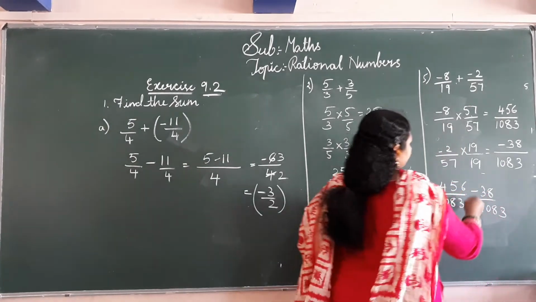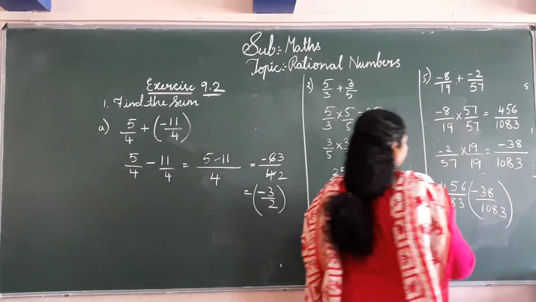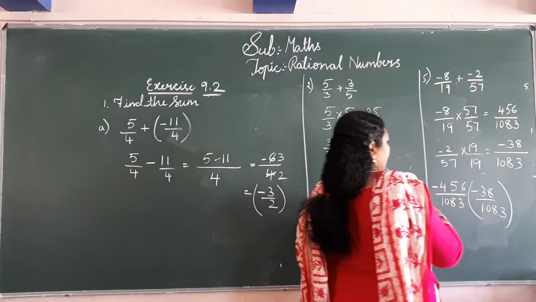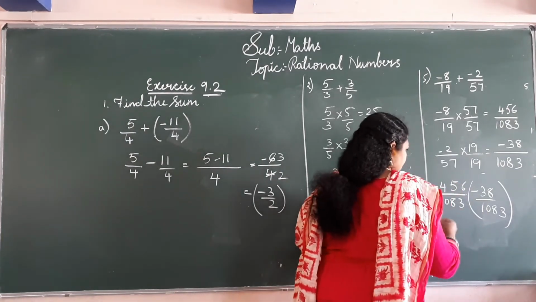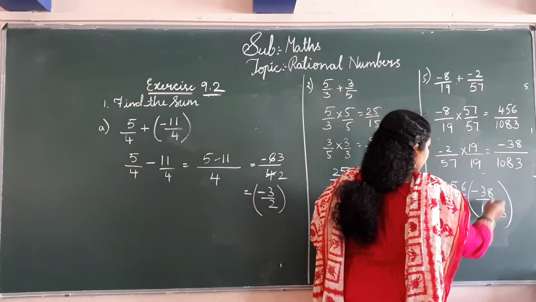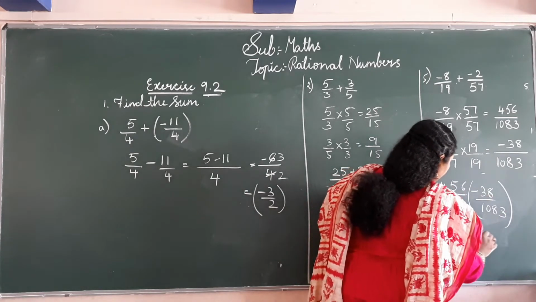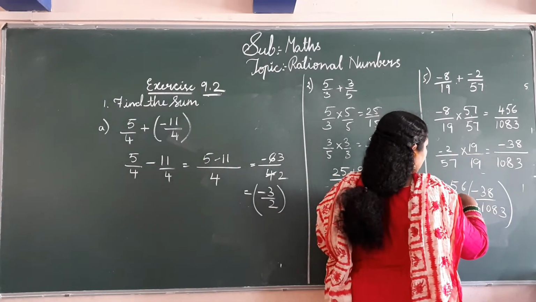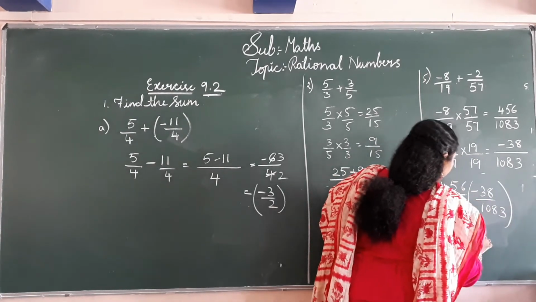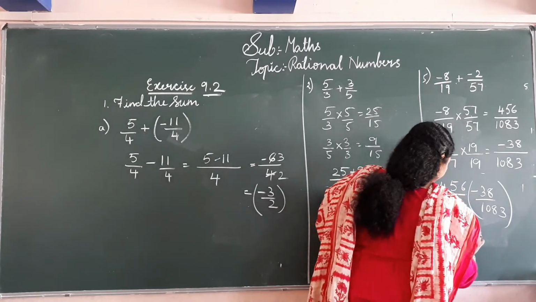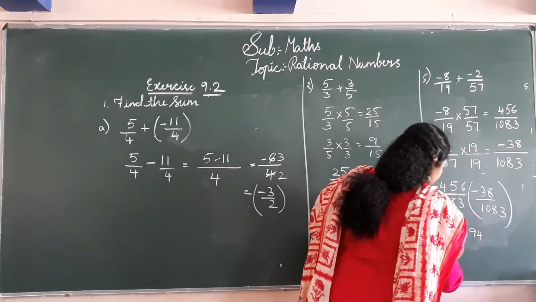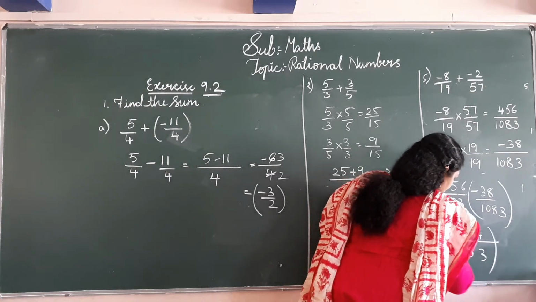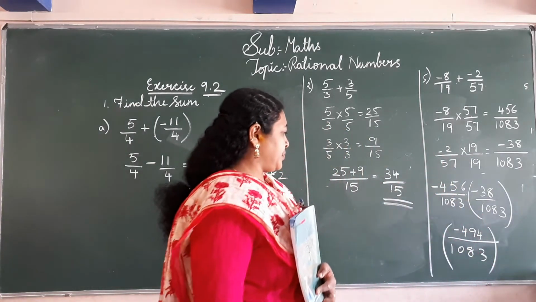Okay, minus into minus it is plus, but we write the minus symbol, isn't it? So 6 plus 8 is 14, 4 and 1 carry, 3 plus 5 is 8, 8 plus 1 is 9, and this 4 as it is, minus 494 by 1083 is the answer.